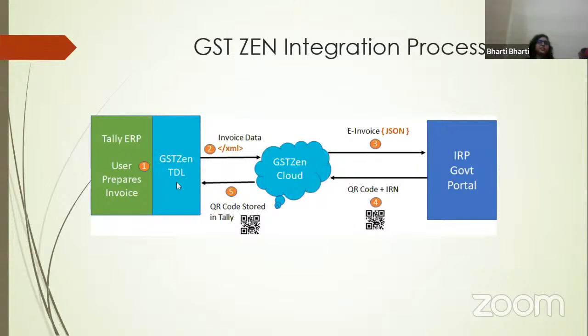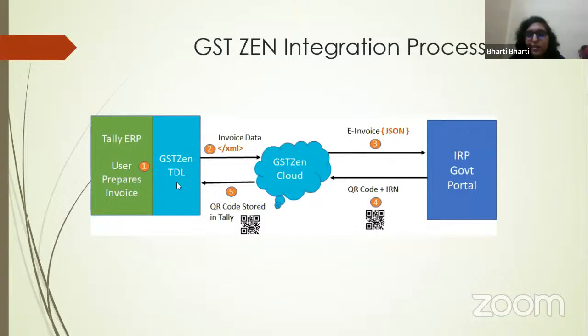So how does GSTZen integration work? Whether you have SAP or Tally or any other ERP, GSTZen provides a TDL which is linked with the ERP. From there, the information is collected. The JSON is sent to GSTZen cloud.